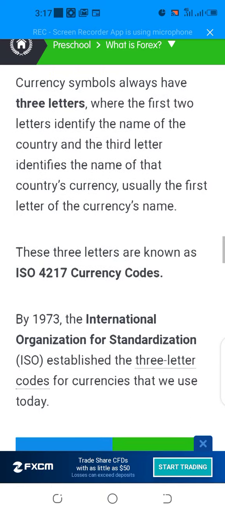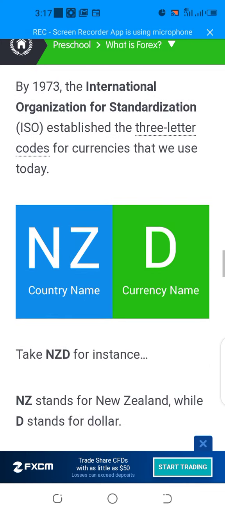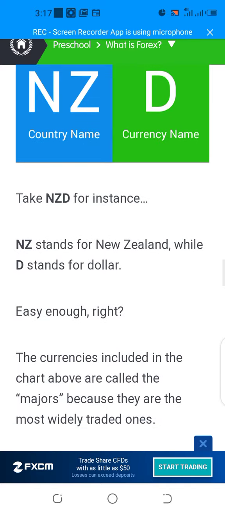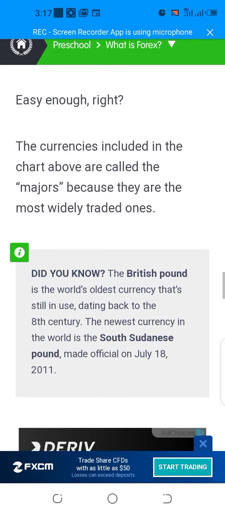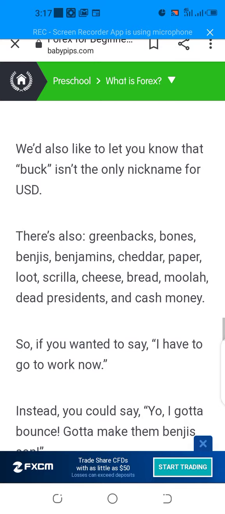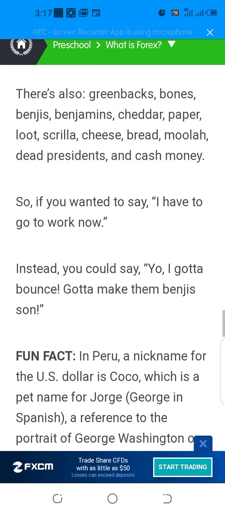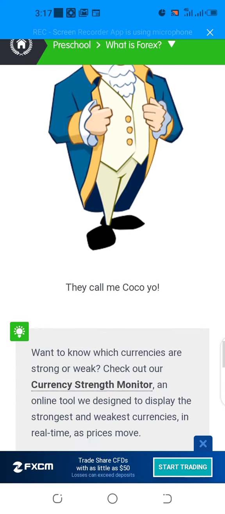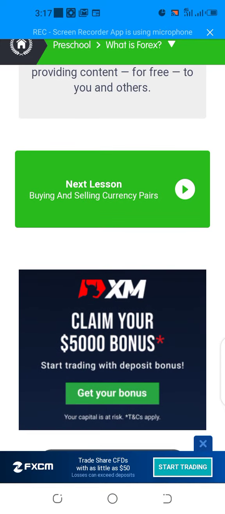The history of Forex. The Bretton Woods Agreement after World War II. After World War II, the world was experiencing chaos. Major Western governments felt the need to create a system to stabilize the global economy against gold. And this is how the Bretton Woods Agreement was formed.